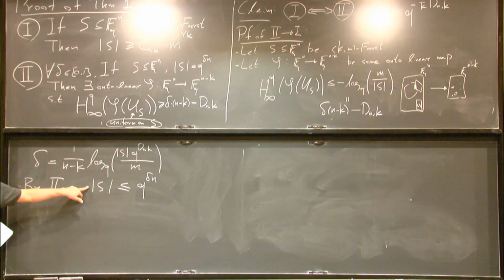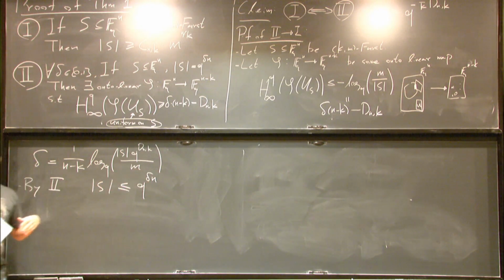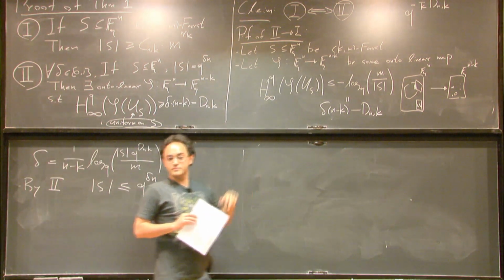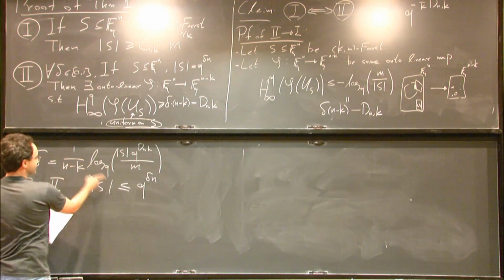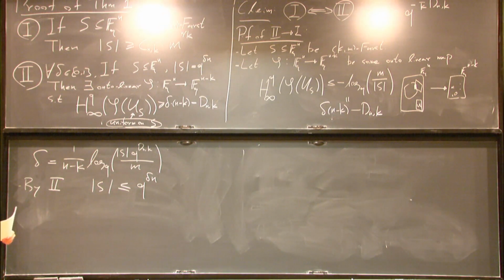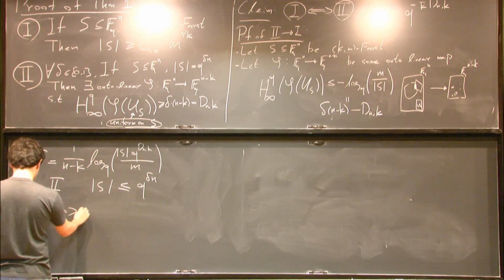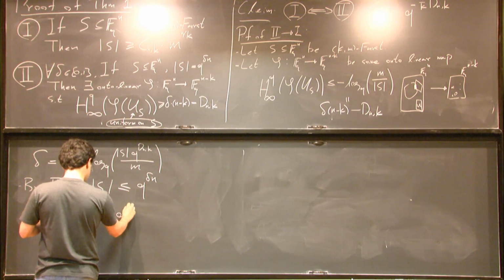If it was bigger, it would be q to the delta prime n for some delta prime bigger than delta, and then you would get something with higher mean entropy than this, a contradiction. So you plug this in here. There's S on both sides. You move it around, and you get that S is at most... I'll save you the calculation.